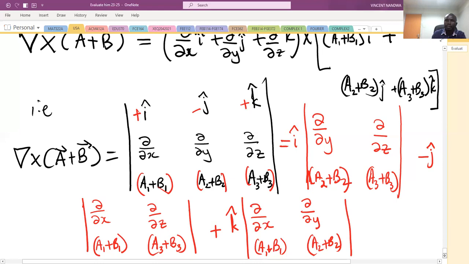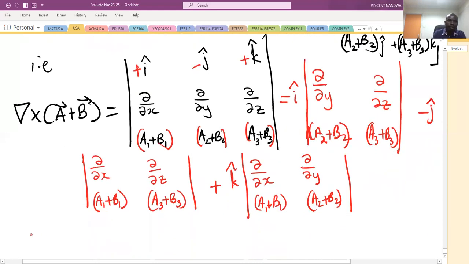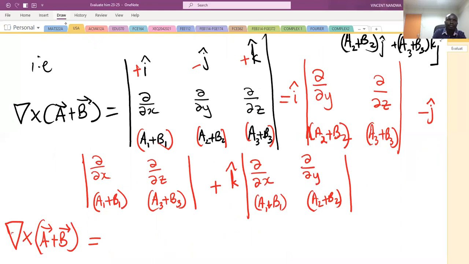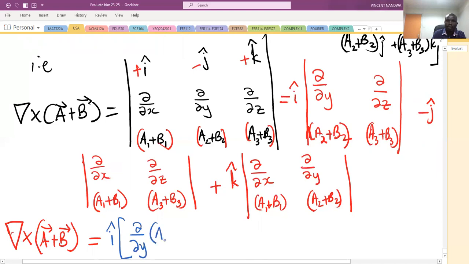So the next step, let's now evaluate this determinant. So we'll have curl of A plus B will be equals to, so I have i into, so partial y into A3 plus B3 minus partial z into A2 plus B2 minus j.